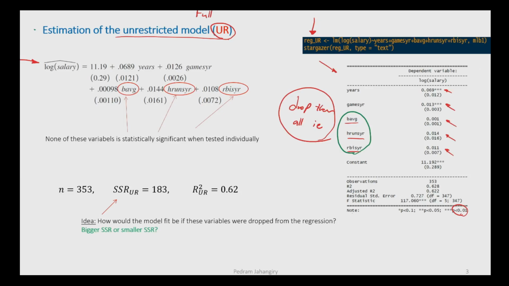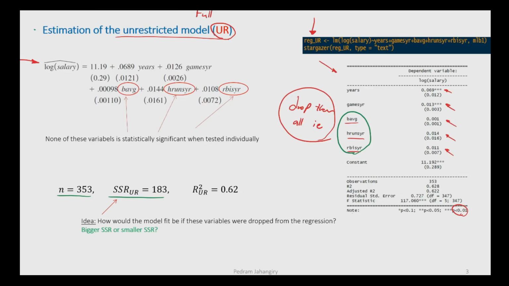Okay, so let's save some numbers here. The number of observations in this example is 353, and this is what we call SSR UR. SSR is the sum of squared residuals, and what is UR? Unrestricted. So I'm going to use subscript UR for the unrestricted model and R for the restricted model.